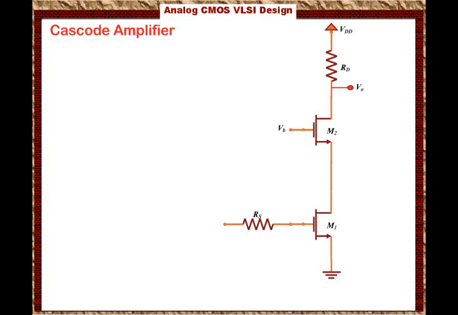But for simplicity, in this particular example, we're showing you RD is connected to the output as a load, and then RD is connected to VDD. Each transistor, as we said, has three dominating capacitances.